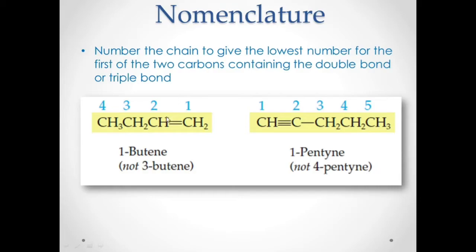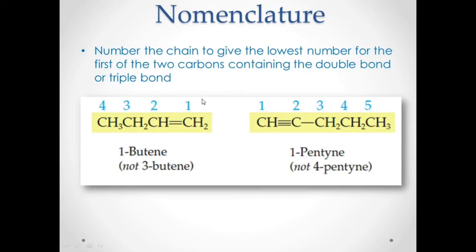For example, in this example of an alkene, we cannot number this as 1, 2, 3, 4, because then the carbon here would be 3 for the alkene, the carbon-to-carbon double bond.